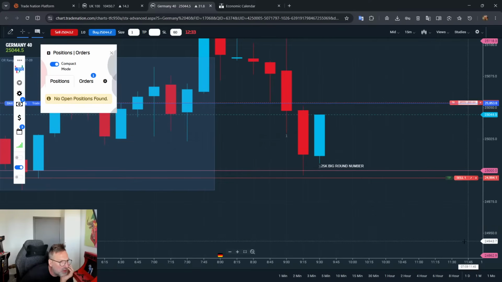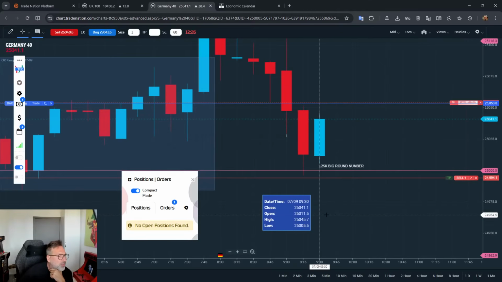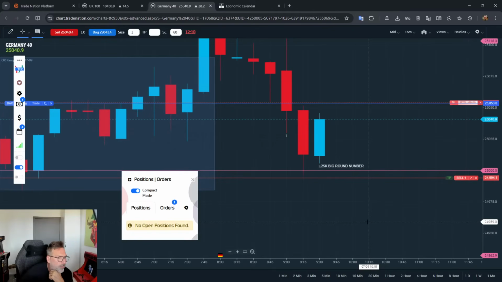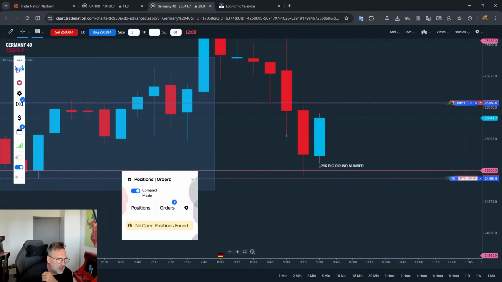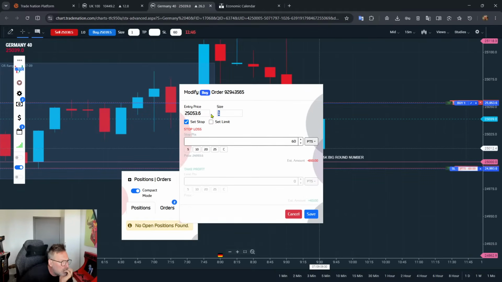So the bulls are defending. I will take the school run long in case we trade above the high of the second 15-minute bar. But I might do that in smaller size, in half size.